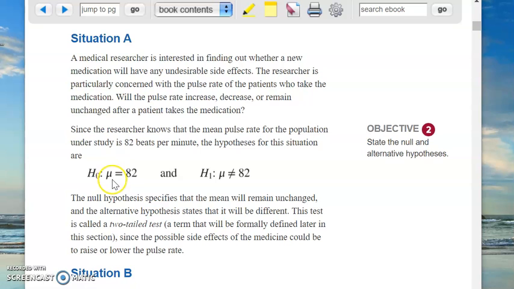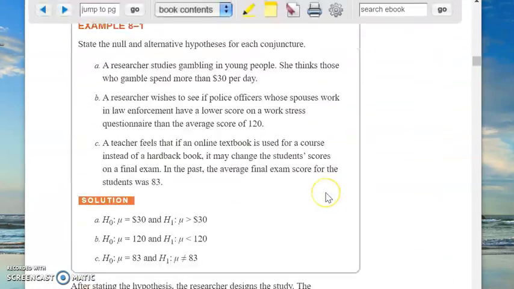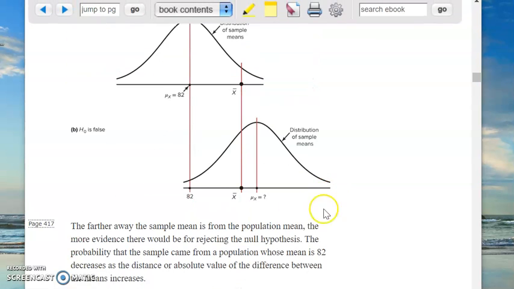That's all of the human beings in our population. And our alternative hypothesis says mu is not equal to 82. Well, that's a different mu, right? That's not the mu of the entire population. That's the mu that we think exists for the population that took the medication, the population that ate the Wheaties. So we are talking about two different populations.